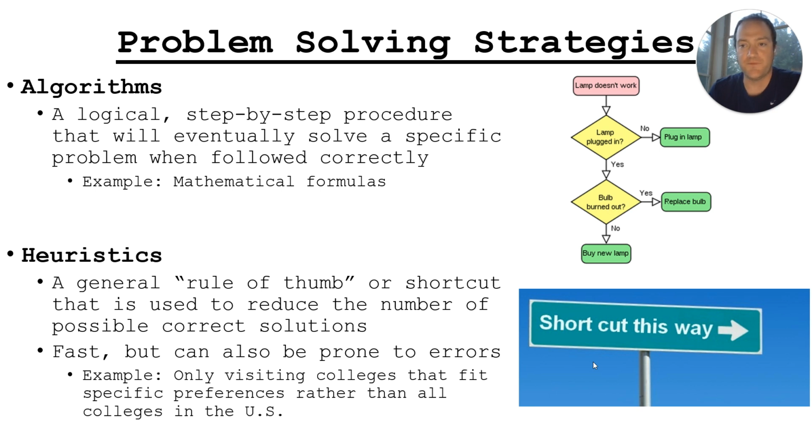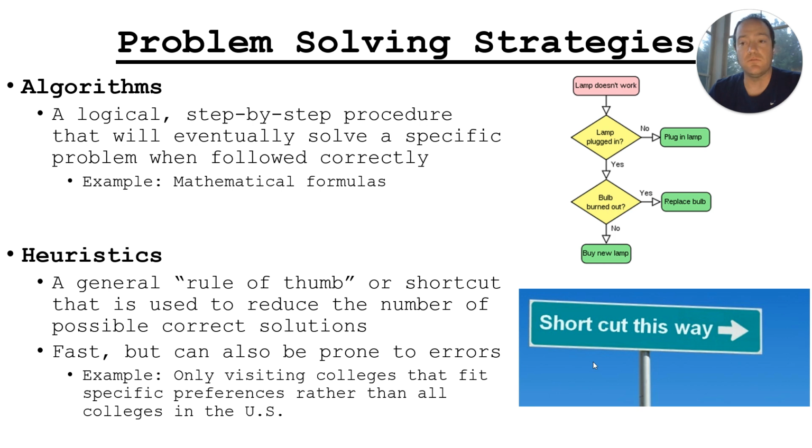You have preferences, things that fit your mold for the school you want, so you only look at the ones that fall in those parameters. You reduce the number of correct possible solutions, and therefore it's faster and more efficient at arriving at a decision. The downside to heuristics is that sometimes you might eliminate a better solution.